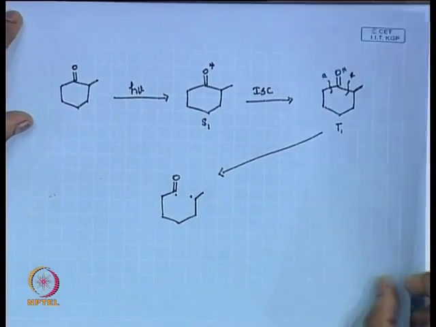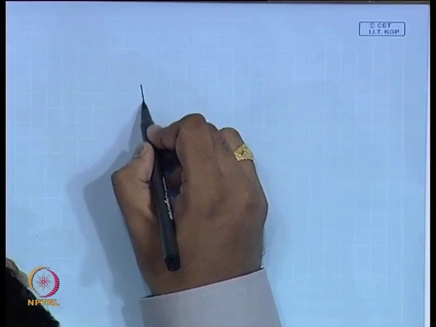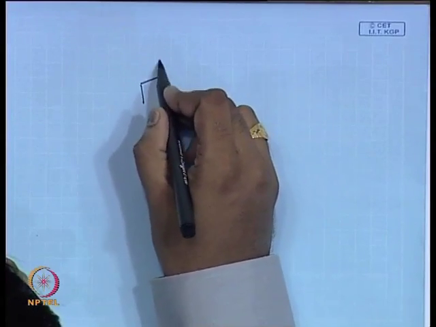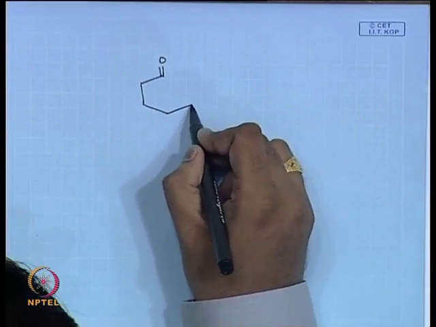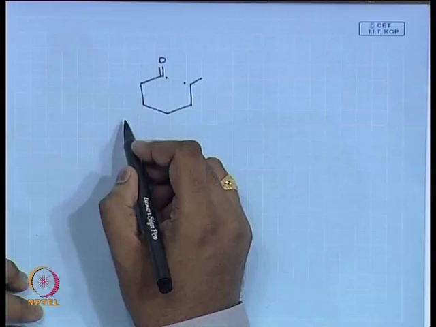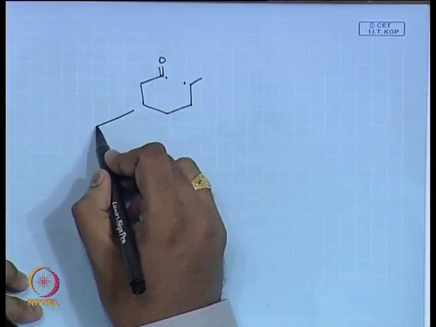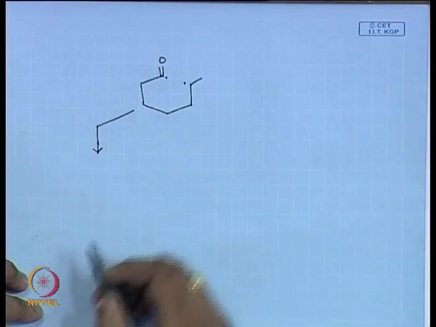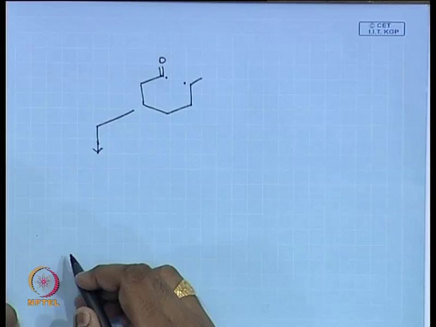So if I want to write the products of this, always try to write your radicals. Okay, that will give you information.